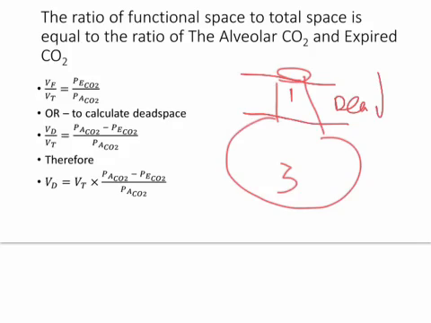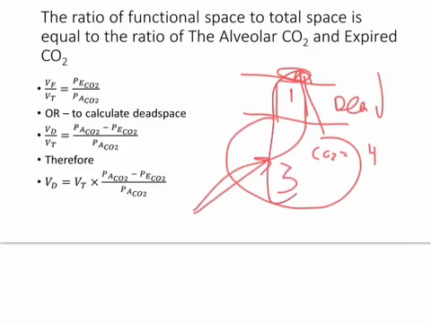So whenever I get 4 units of CO2, so my CO2, the partial pressure is equal to 4. Whenever the 4 units come in here, it's going to be breathed out, and it's going to mix with this volume of dead space. So the total volume here is 4. The total, or the tidal volume, is 4.